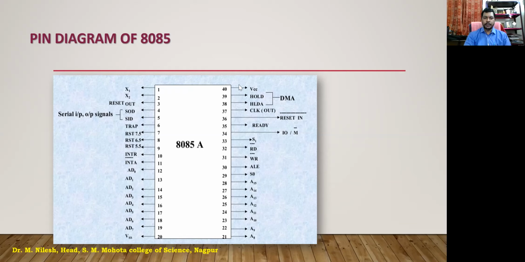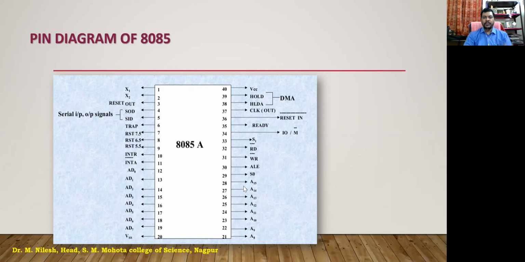So 40th pin is plus VCC, 20th pin is ground. Then from 12 to 19, we are having 8 pins, which give you AD0 to AD7. And from 21 to 28, we are having A8 to A15 address lines.